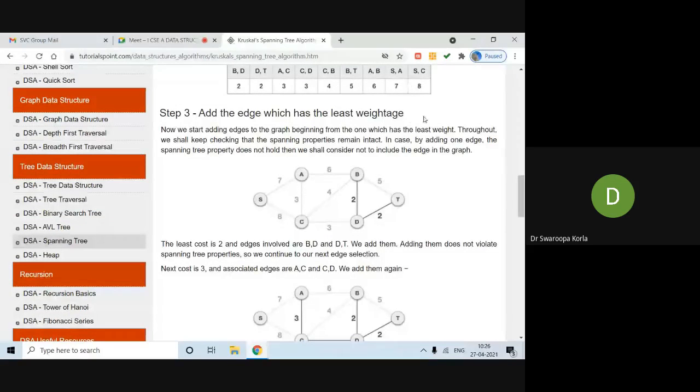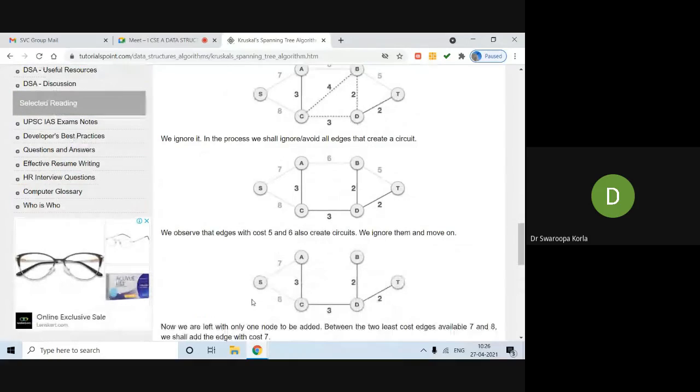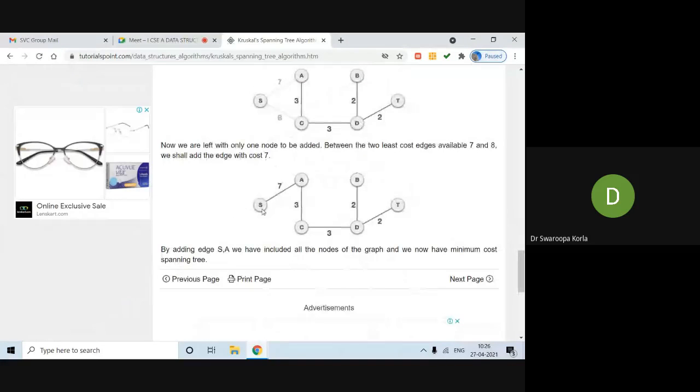And the last one, S to C, which is an 8 value. If you are adding S to C, it is forming a loop again. So I should ignore this edge. So my finally constructed minimum cost spanning tree is nothing but S to A, A to C, C to D, D to B, and also D to T. This is my constructed minimum spanning tree.